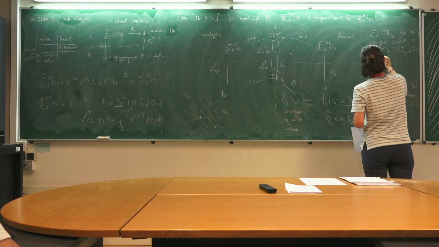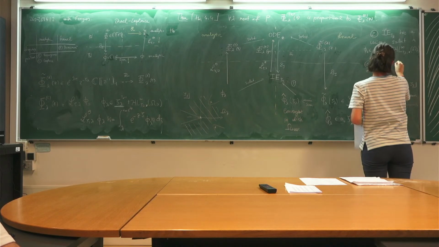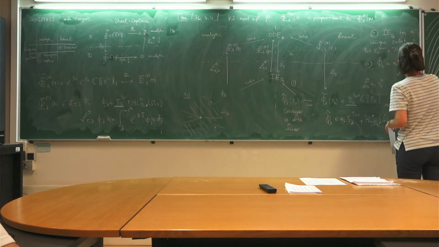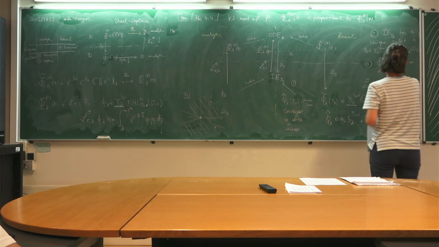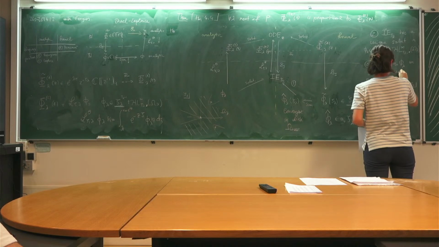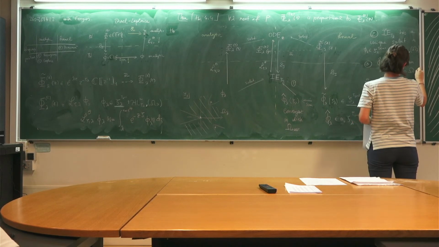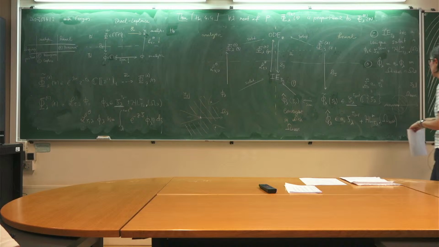So phi lambda hat will agree with A0 phi lambda on the intersection between omega near and omega lambda.